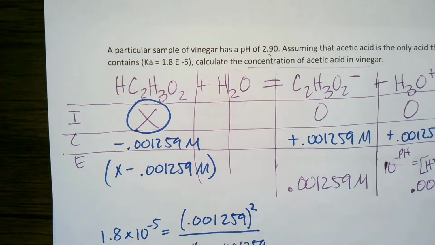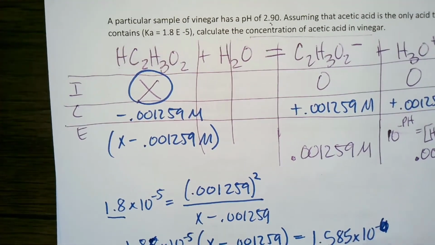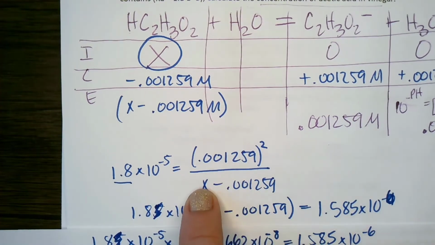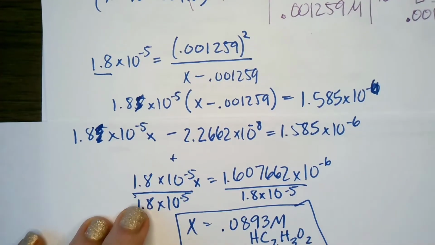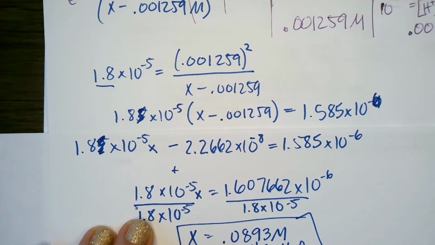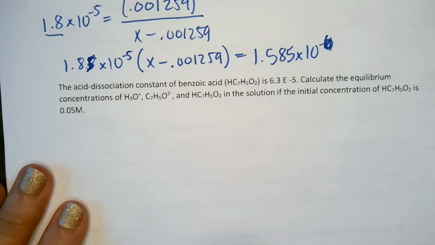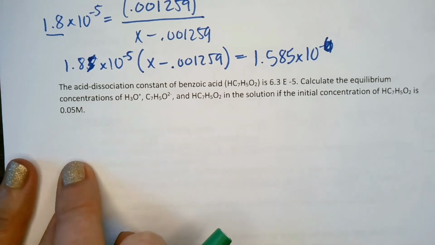So that was denoted as our X, so X minus that change. We were then able to plug that into our equilibrium expression because we knew Ka. So then we just let algebra do the work, and we're able to find that original X concentration of acetic acid.